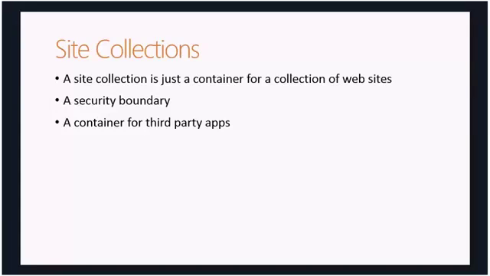So think of it as a container in which you can put third-party applications to be used within that collection of websites. It's also a container for certain features that you enable in SharePoint. You can enable a certain web publishing option, for example, and that will then be enabled across all of the sites in this site collection. Maybe you want to set up a relatively simple site collection and not enable a lot of features, just to keep things as simple as possible for users.